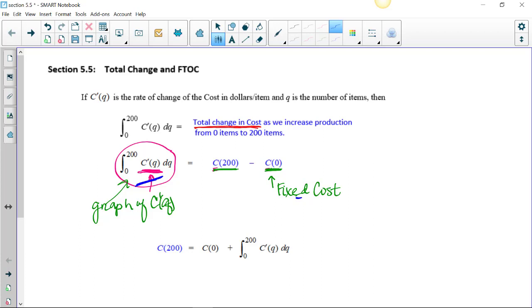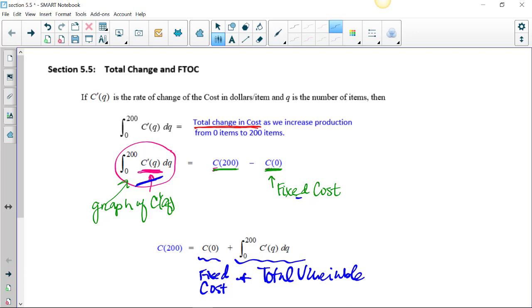So we say then that the total cost to produce 200 items is C of 0, or the fixed costs, plus this definite integral here, which is actually called the total variable costs.